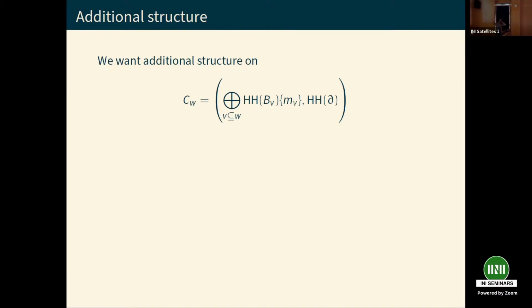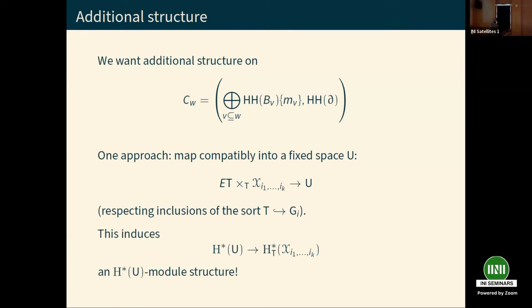So can I use that to get additional structure here? One approach is to map compatibly into a fixed space. Why would that help? If this whole cube is built out of cohomologies of these things, and the differential is built out of inclusions of these things, then if I can map compatibly into a fixed space U respecting those inclusions, what I get is a well-defined module structure.